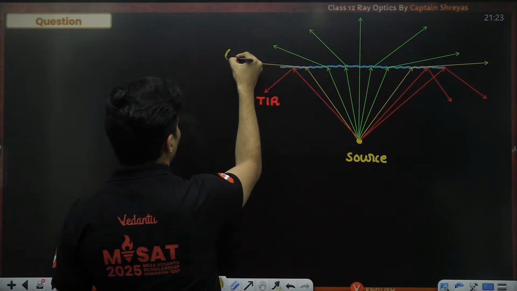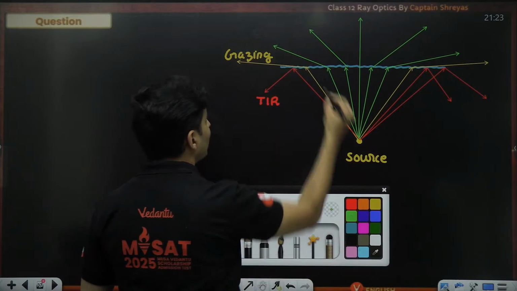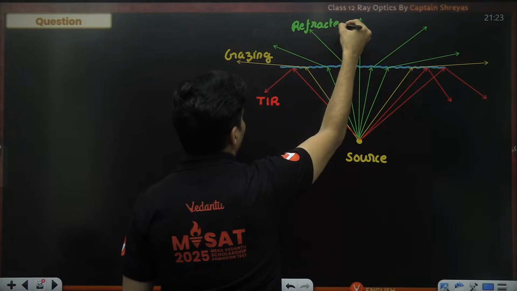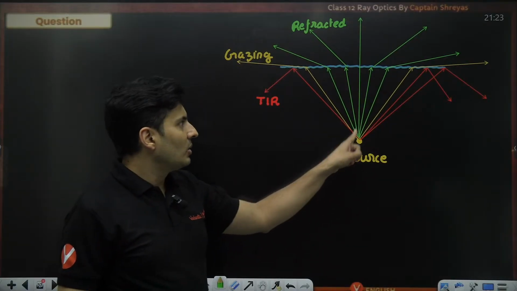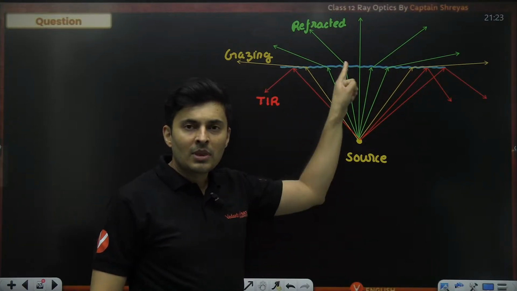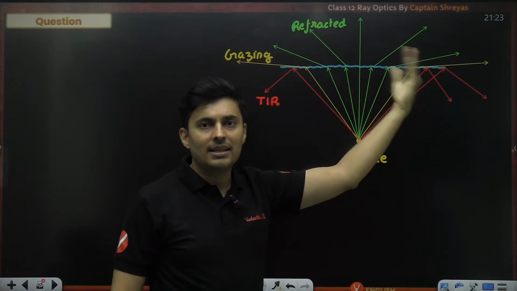This particular one was grazing incidence. Before that, all the light rays were getting refracted into the other medium. So if there is a point source, there is a distance from that central line where the light rays are able to come out. Beyond that, they are not.